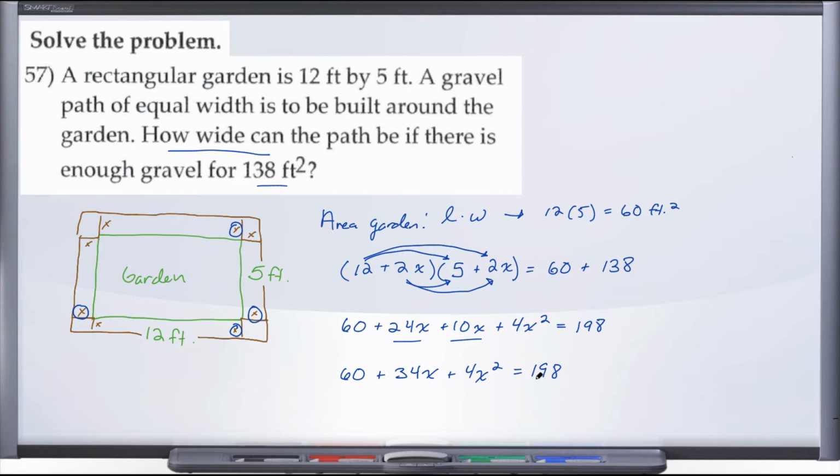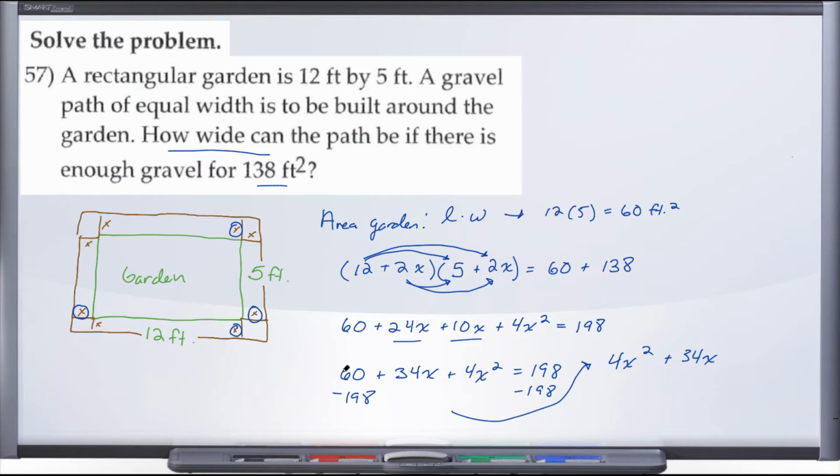And lastly here, to set this equation equal to 0, let's subtract 198 from both sides. And I'll write the new equation up here, and that's going to give us our quadratic equation that's set equal to 0. But I'm going to write the equation in descending order of power. So we'll end up with 4x squared plus 34x.